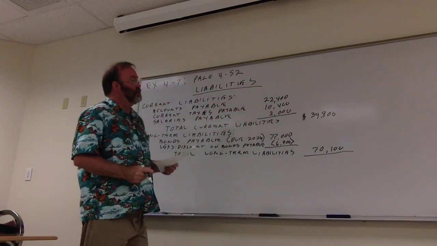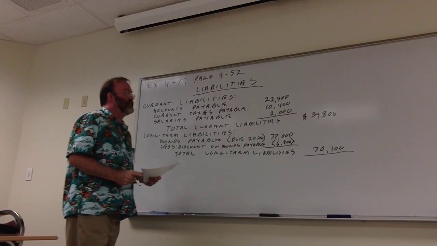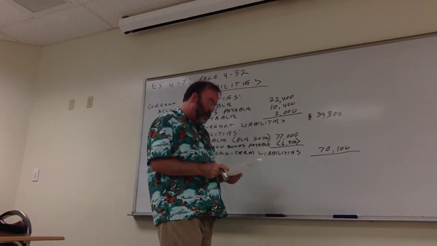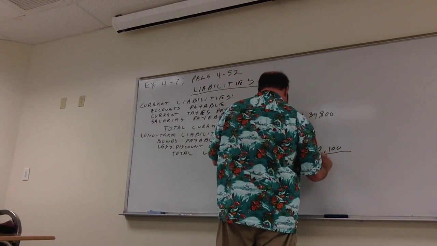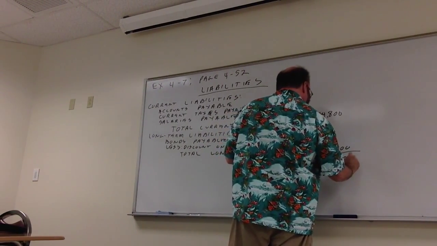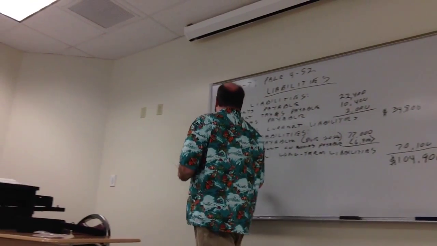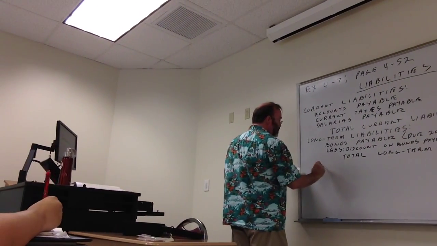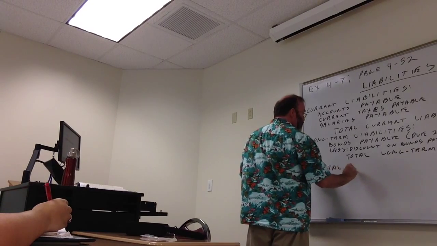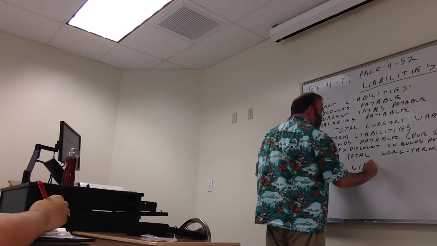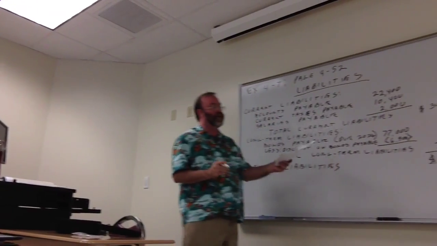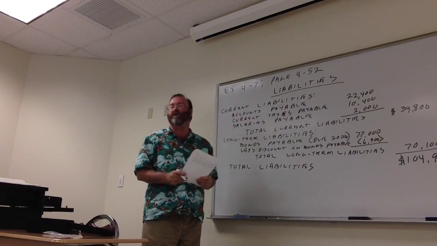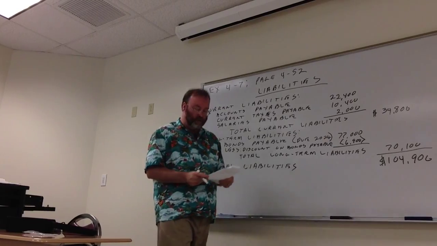Add that $70,100 to the $34,800 of total current liabilities, and you get $104,900 as total liabilities. You underlined it twice, right? No, because this section is continuing on to stockholders' equity. Good question, though.